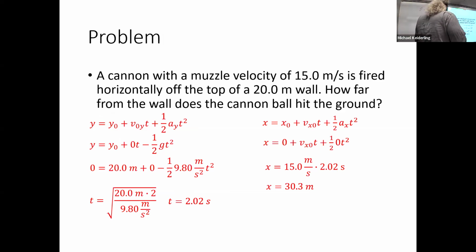What we know here: v naught x is 15 meters per second, v naught y is 0, acceleration x is 0, acceleration y is negative g, x naught is 0, and y naught is 20 meters.